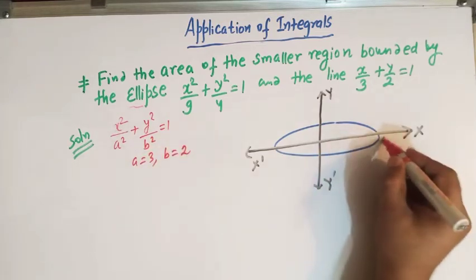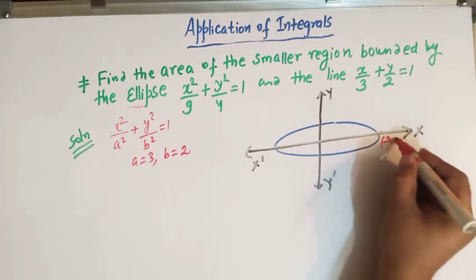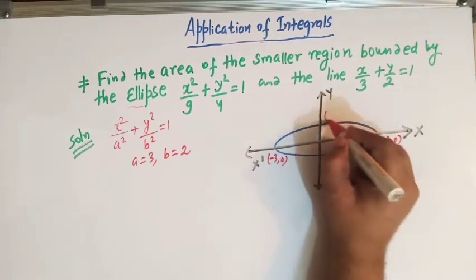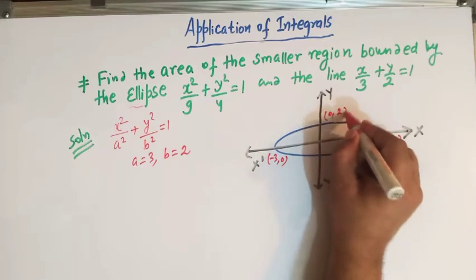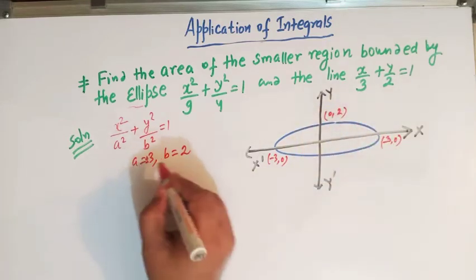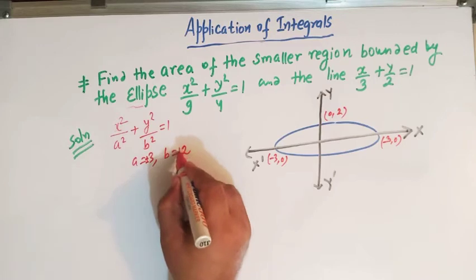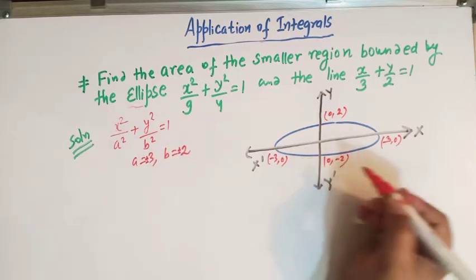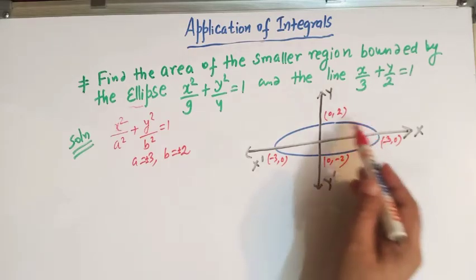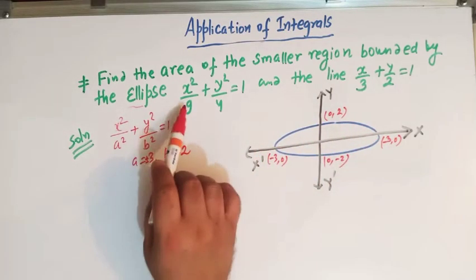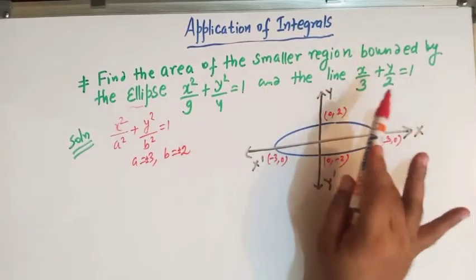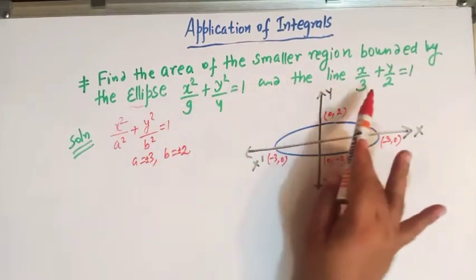So here we have 3 comma 0, here we have minus 3 comma 0, here we have 0 comma 2, and this is plus minus 3, and this is plus minus 2, and here we have 0 comma minus 2, right? So this is the rough sketch of the ellipse, and we have to find the area of the smaller region bounded by the ellipse and the line.